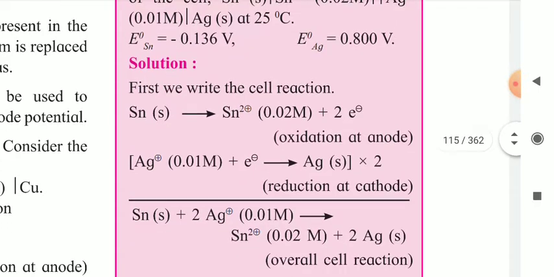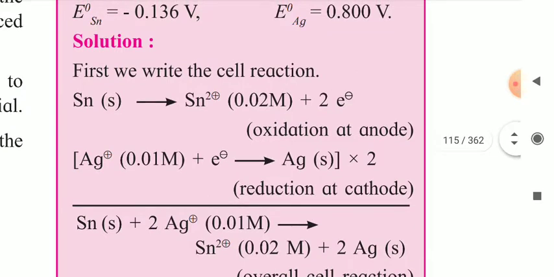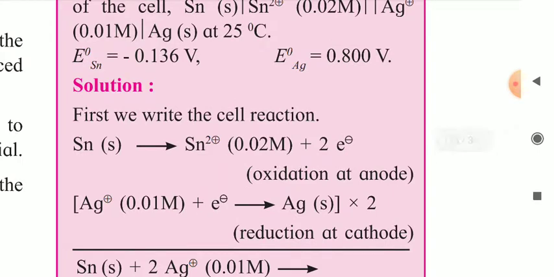According to the routine procedure, we first write the net cell reaction for the given cell. Of the two half cells, at the extreme left oxidation will take place, and at the right hand side reduction will take place.